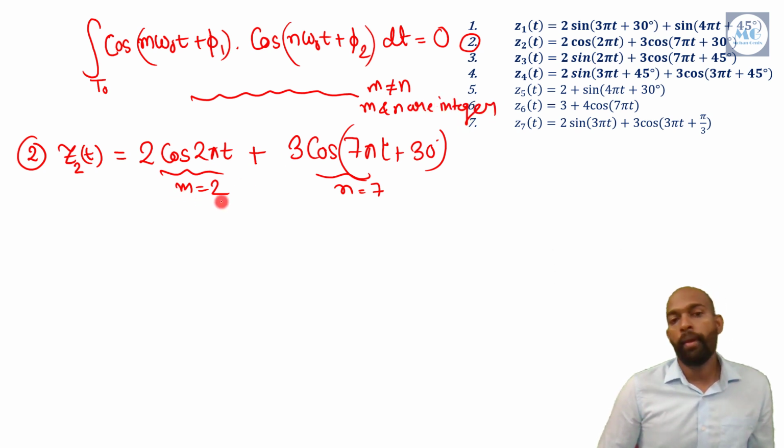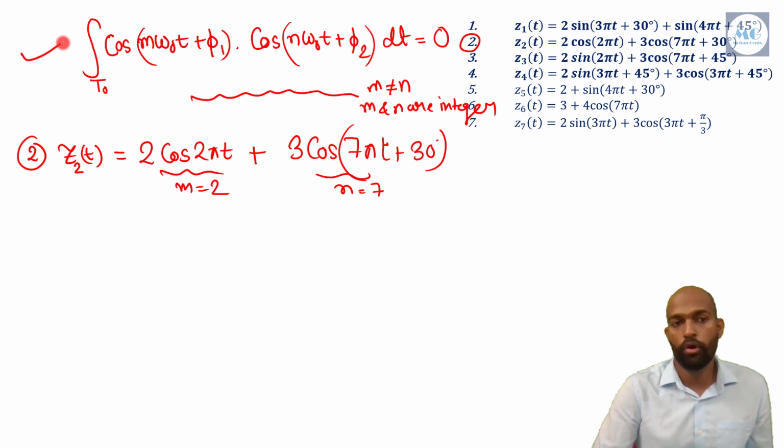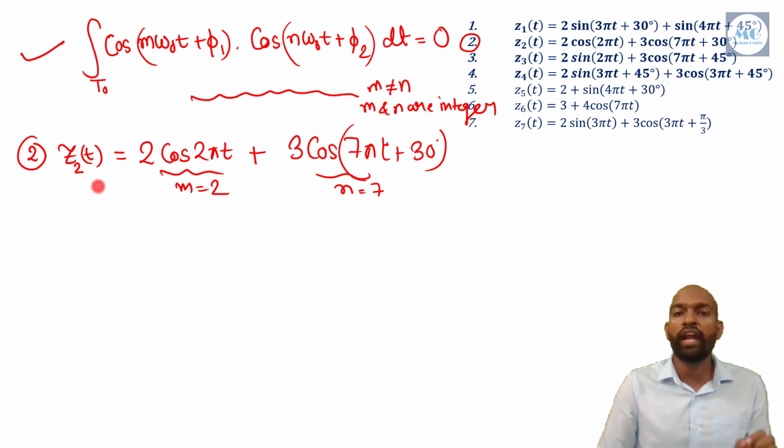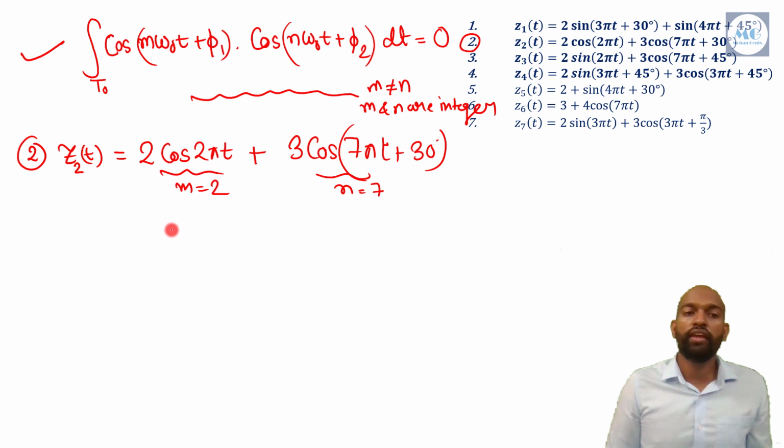So m and n are not equal and these two are integers, so we can say that this formula is applicable to this z2t, and we know that according to our orthogonality concept we can write that power of z2 will be power of this signal plus power of this signal, as both are orthogonal signals.